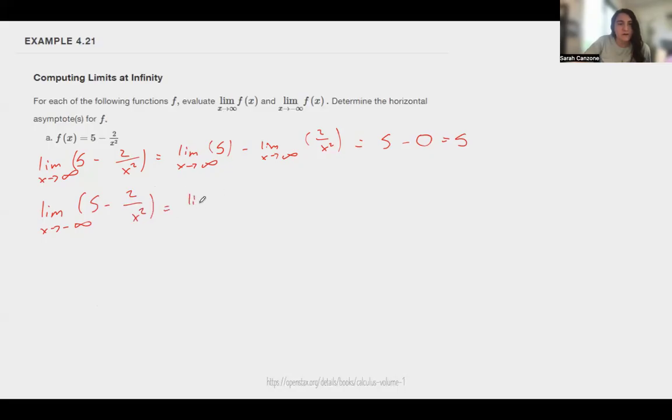So we could, of course, break it up the same way as we did before: the limit as x approaches negative infinity of 5 minus the limit as x approaches negative infinity of 2 over x squared. And this doesn't change. The limit as x approaches negative infinity of 5 doesn't change because it's still a constant. So as far left as you can imagine is the same thing as far right as you can imagine. So it's still just going to be 5 because that's the constant law.